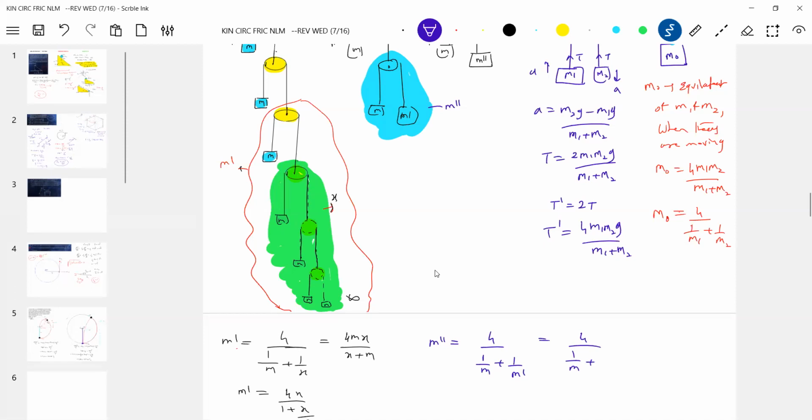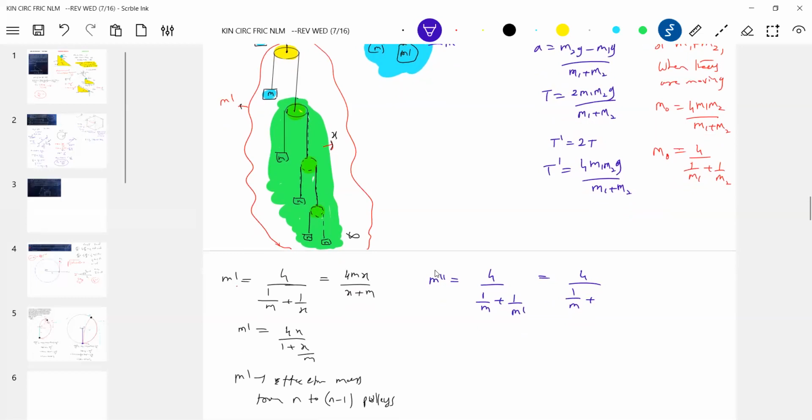So this should be equal to, 1 by m dash we have to write it, no? So therefore this will become 1 plus x by m by 4x. Shall we write like this? Or 1 by 4x.